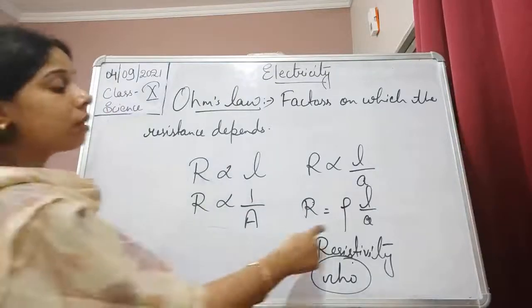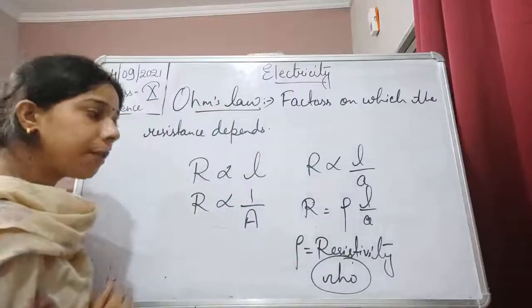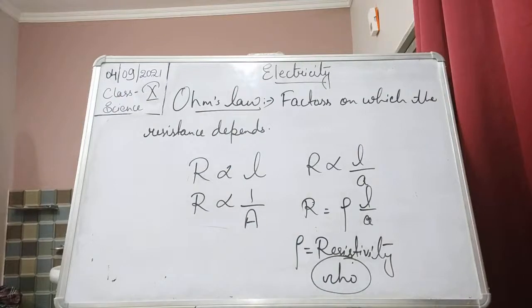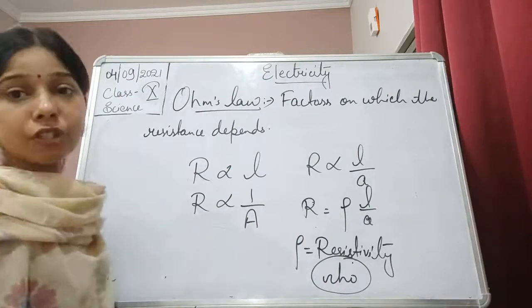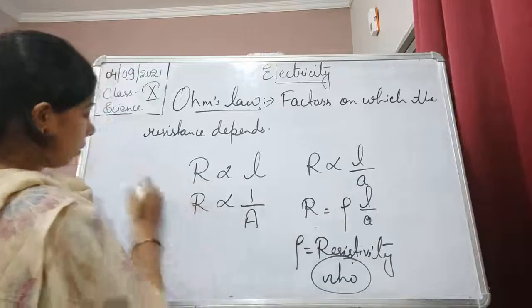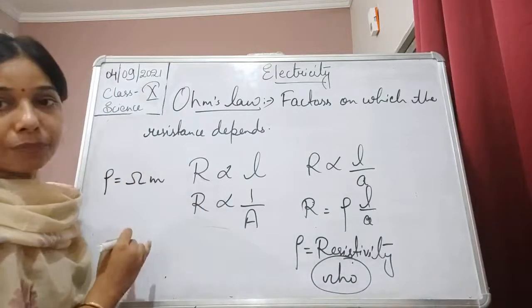So this is about the factors on which the resistance depends. Now let us see about this rho. Rho is the resistivity, a constant of proportionality. Its SI unit is ohm meter.